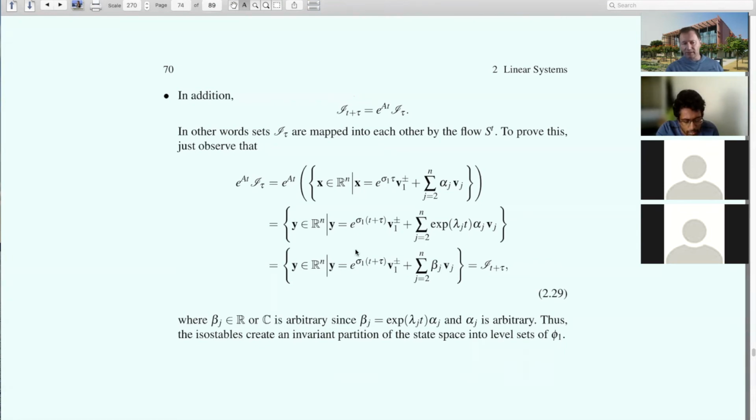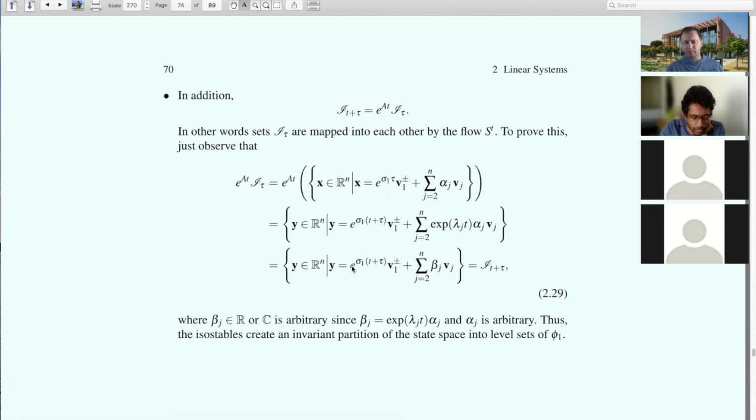So if you look at this, it has pretty much the same shape as this expression here, except that instead of tau, you have t plus tau. And instead of alpha j, you have a beta j. But alpha j's are arbitrary, so beta j's are arbitrary.